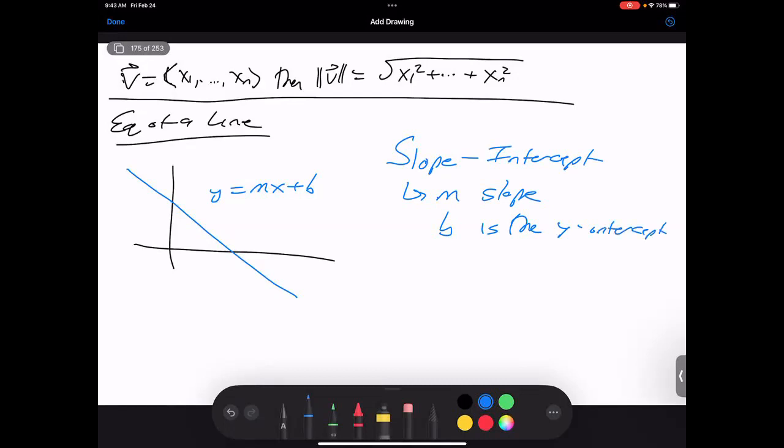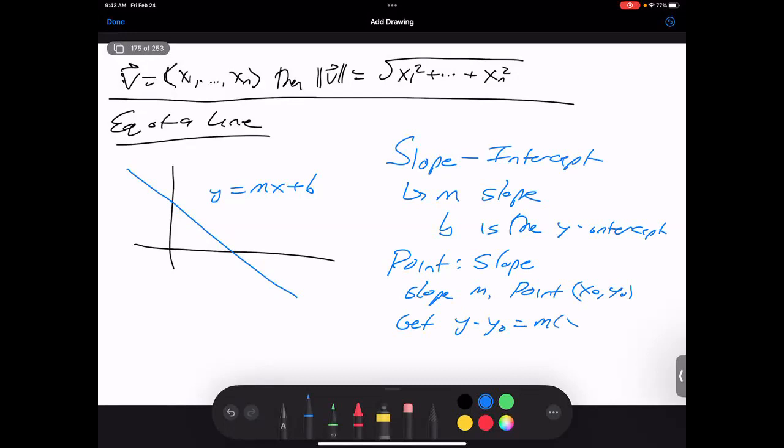Could also do point slope. So I give you slope is m, I give you a point, say x naught, y naught, then you get y minus y naught is m times x minus x naught. Or y equals y naught plus m times x minus x naught.